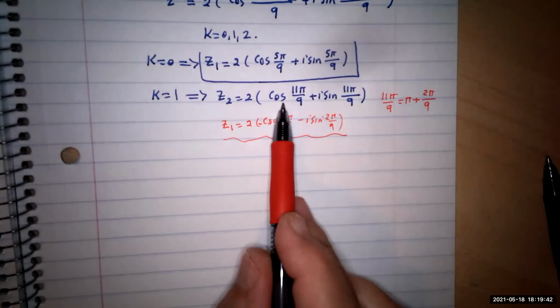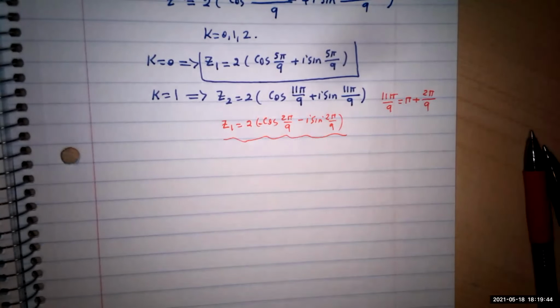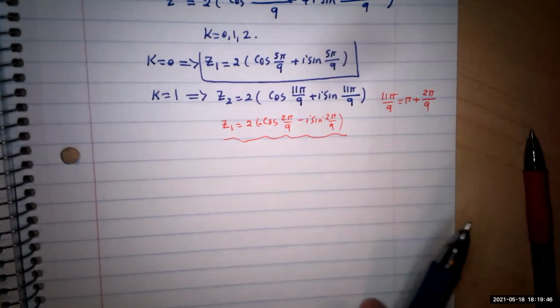Writing it down in this format, we accept it, because there is no exact value for this number.